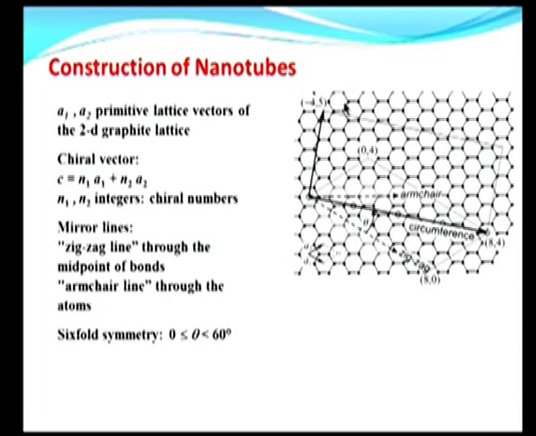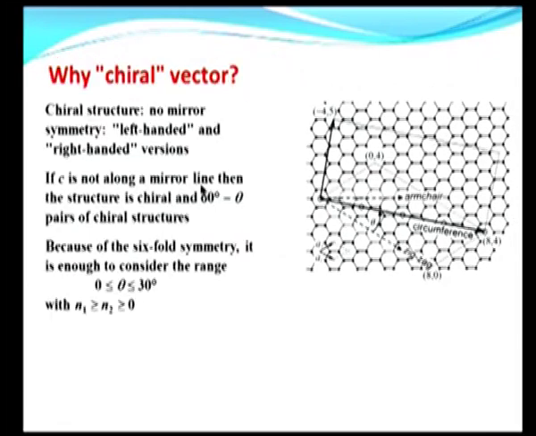Okay. Therefore, this is the way one constructs the carbon nanotubes, and this is a further expansion of the same thing to tell us about the left-handed and right-handed versions, because there is no mirror symmetry, and that is the characteristic of folding the carbon nanotubes along a line that is between the armchair configuration and the zigzag configuration.